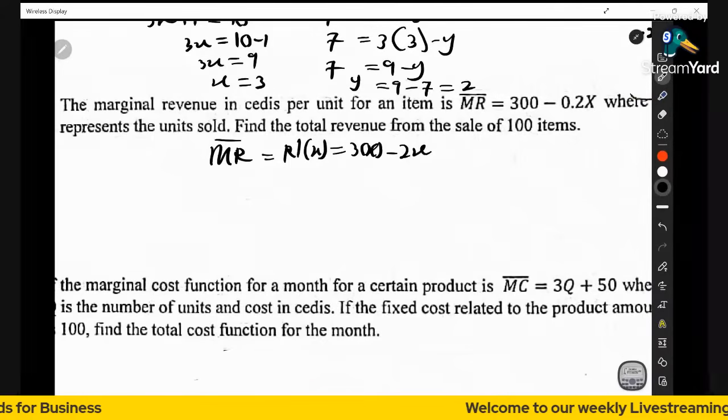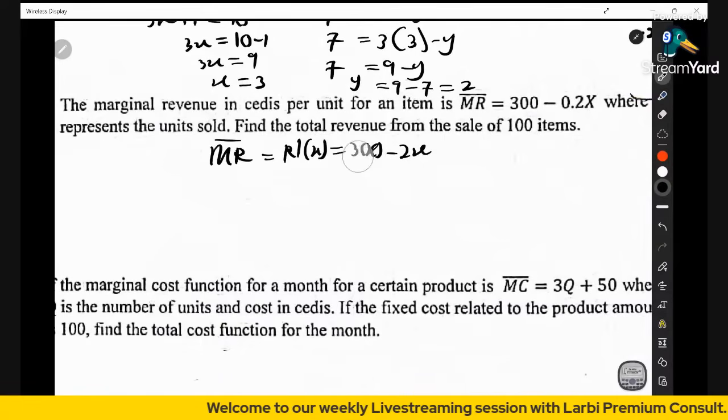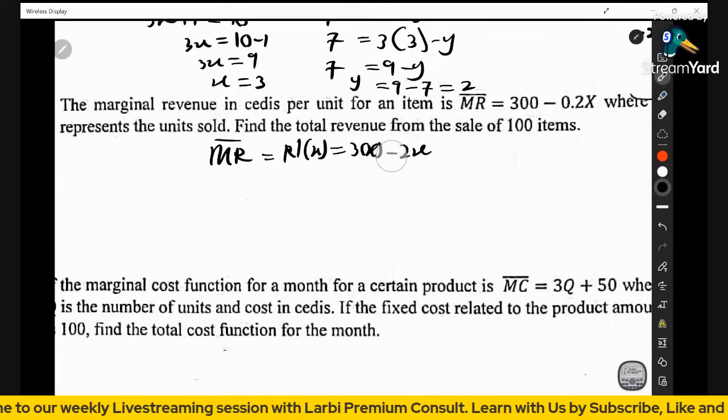But we have to find the total revenue from the sale of 100 units. So you need to convert the marginal revenue to a total revenue. How do you do that? We need to integrate it so that we can find our total revenue function.